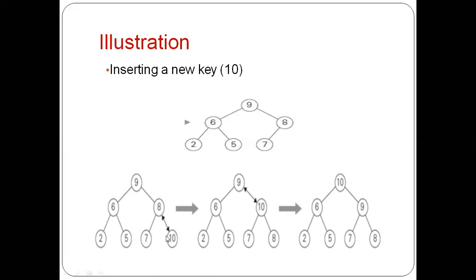So what is the procedure? In the same way, check which is the largest one and interchange it with the key. So 10 will come up here and 8 will go down.